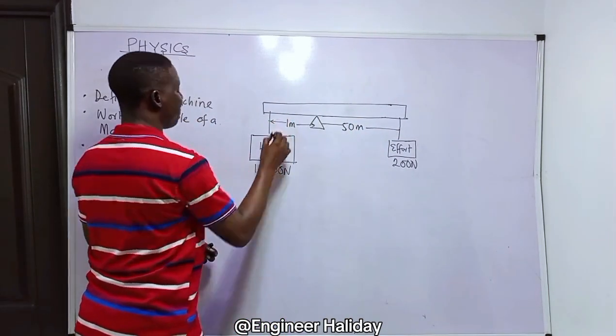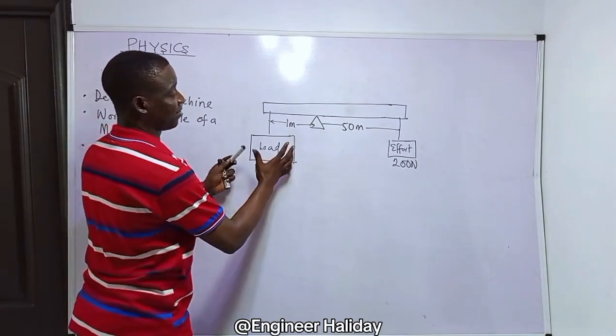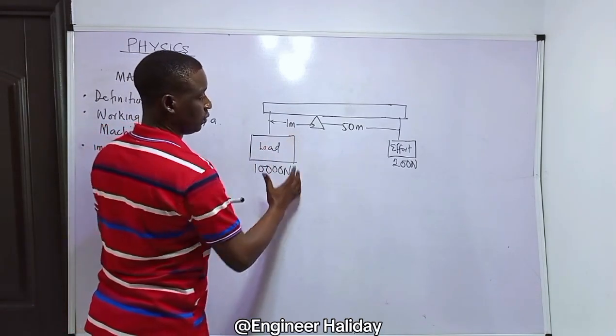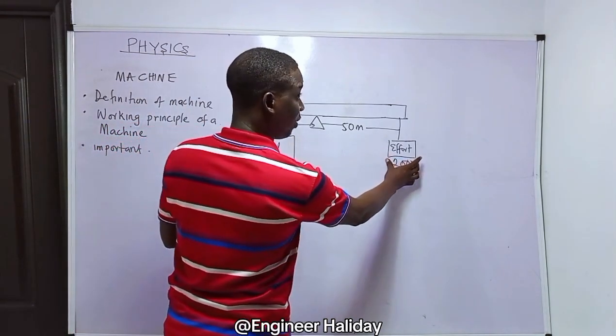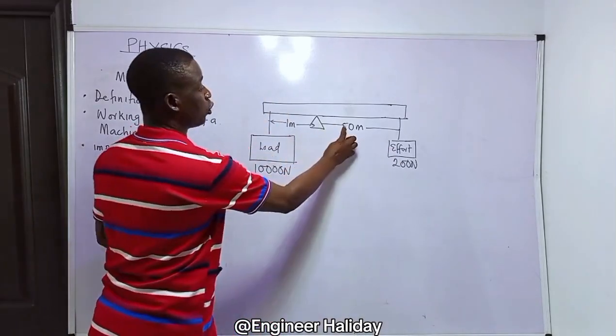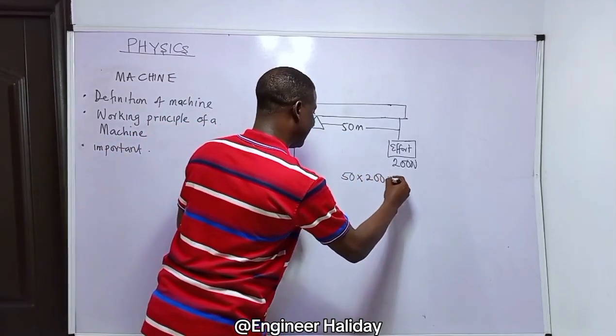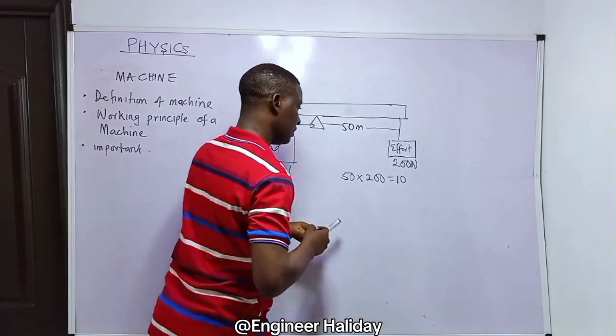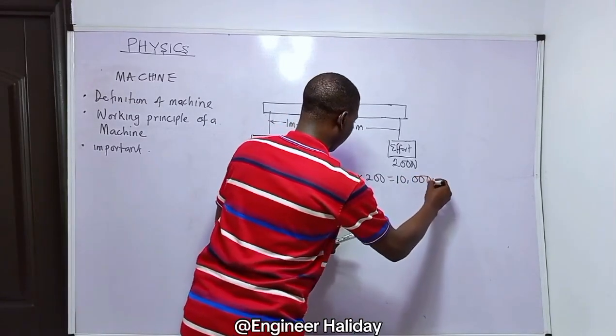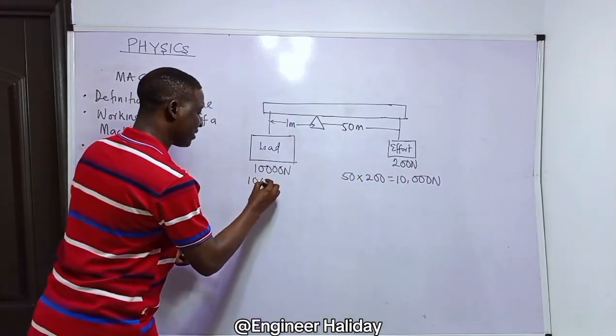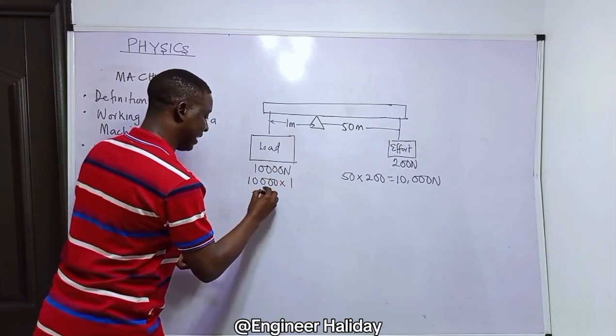In that case, I have balanced. I have used the smaller effort to balance the bigger load, because 50 times 200 is 10,000, and 10,000 times 1 is 10,000.